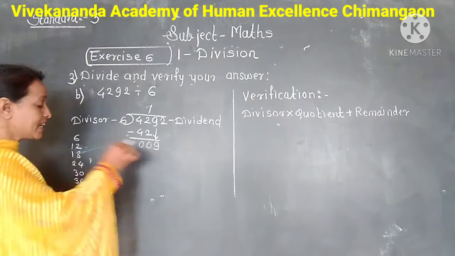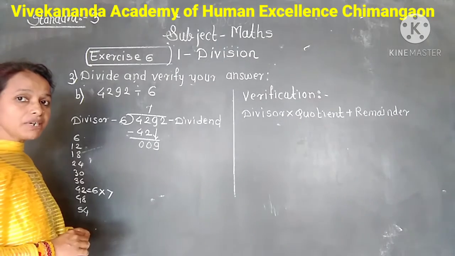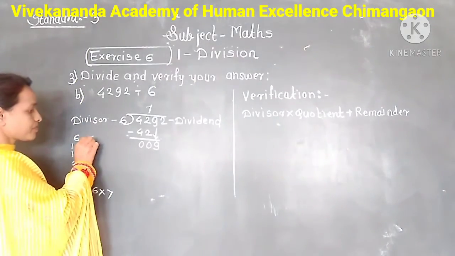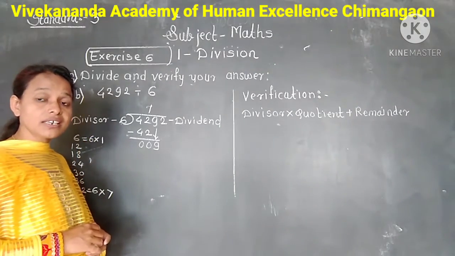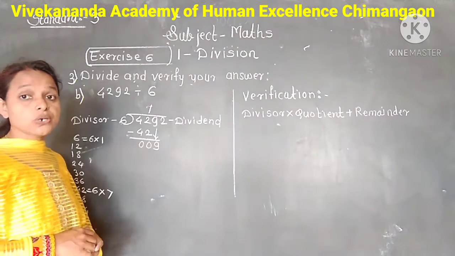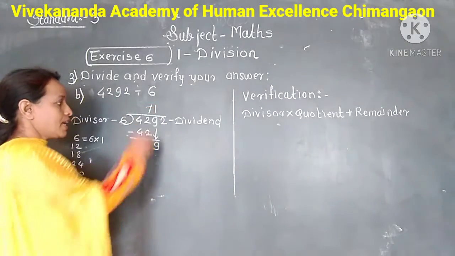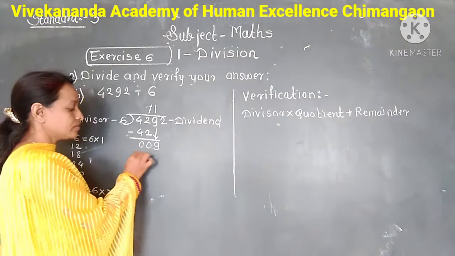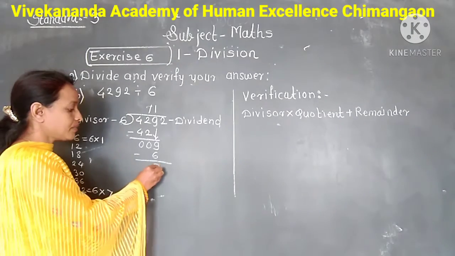So less than 9, 6. And 6 comes at first place in multiplication table of 6. 6 ones are 6. So here we divide 9 by 6. We get 1 as a quotient. So write 1 as a quotient in tens place. And product 6 right below 9. And subtract, we get 3.